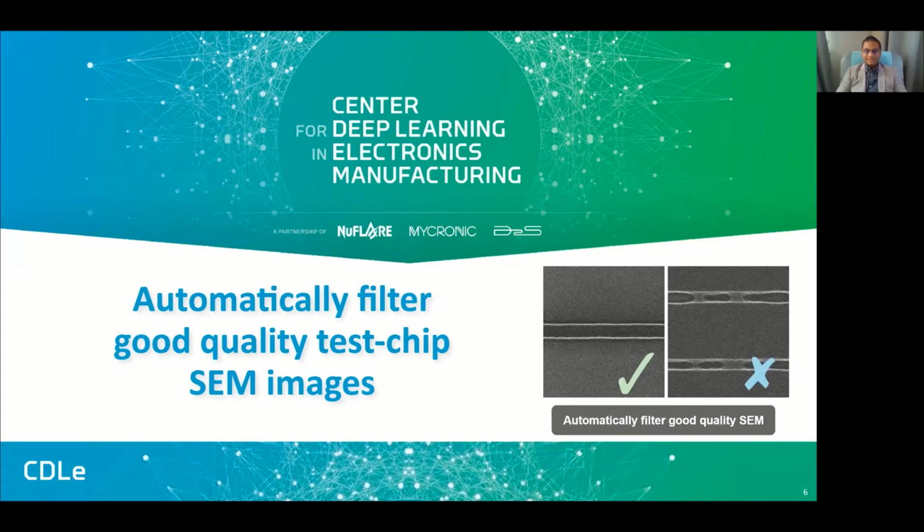In those cases, some of the features may not be printed on the mask, or they may be badly printed. SEM images with this kind of feature must be discarded for applications like CD extraction. This tool does exactly what is desired for the test chip.